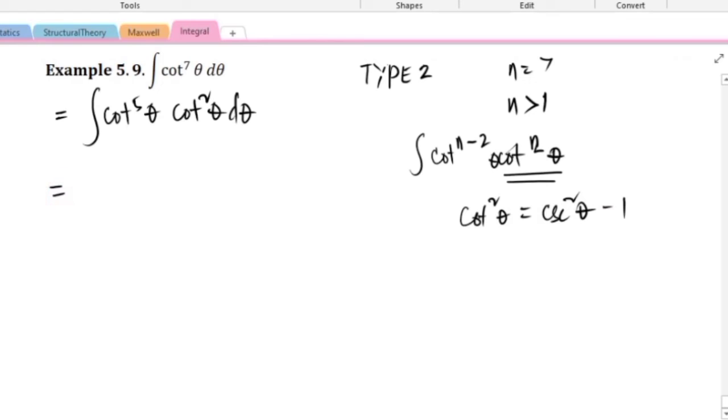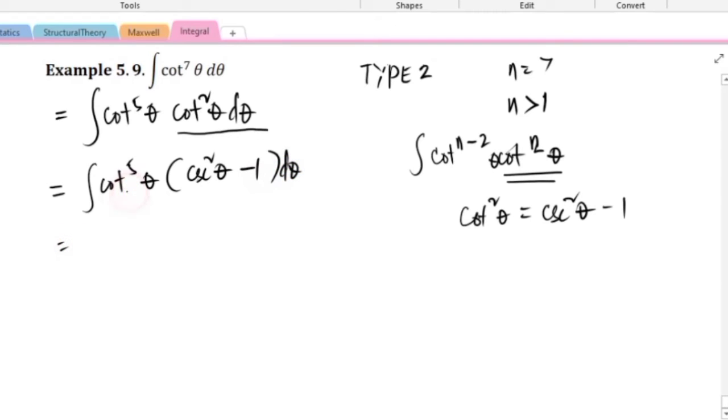So, we would have cotangent square ay magiging cosecant square minus 1. So, we would have cotangent to the 5th multiplied by cosecant square minus 1 d theta.